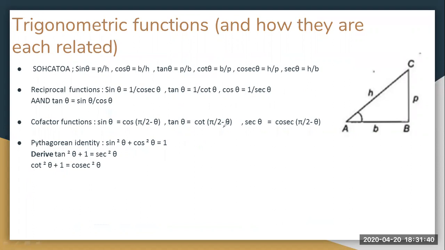Now, sine theta over here. Many people use SOHCAHTOA in order to remember. That is, sine is opposite of theta by hypotenuse, and cosine is base over hypotenuse, and tangent is opposite over base. I myself don't use this, but you could use it in order to remember stuff.